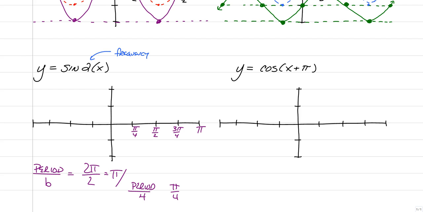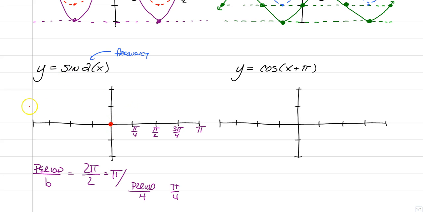So whenever you have a b value, theoretically it does change what the graph is supposed to look like. But for our purpose, we're just going to scale the x tick marks accordingly. So positive sine still starts at the node and it goes up.